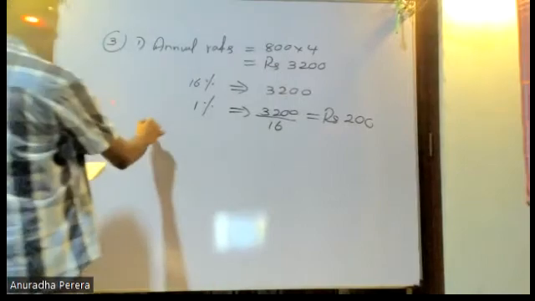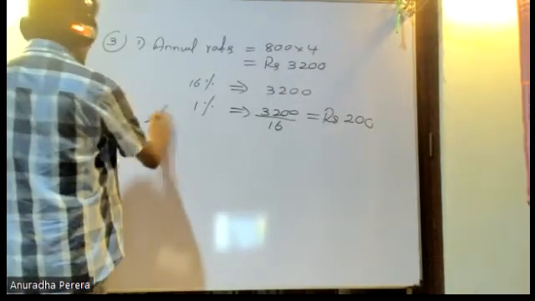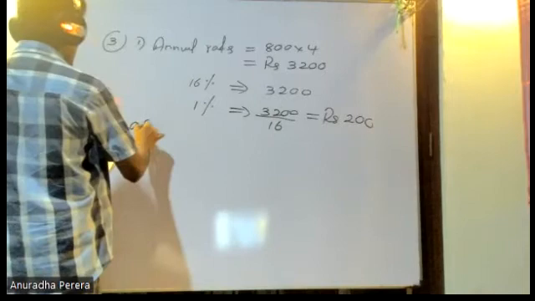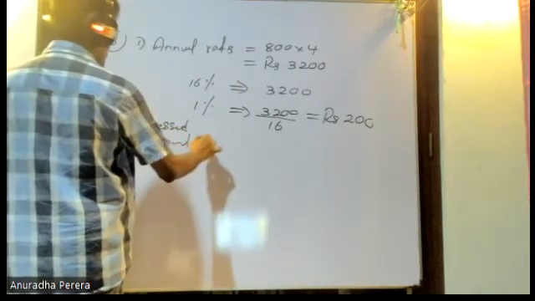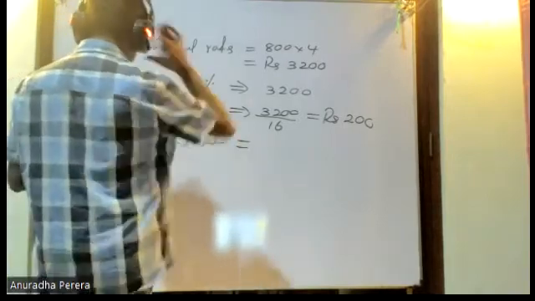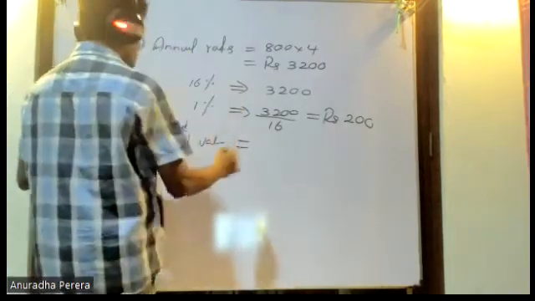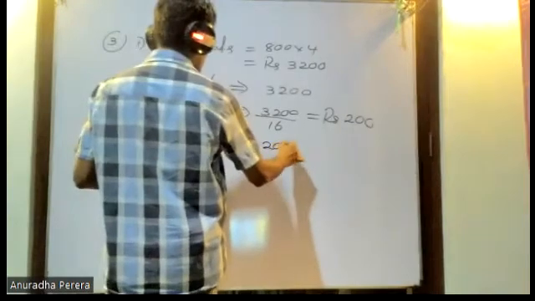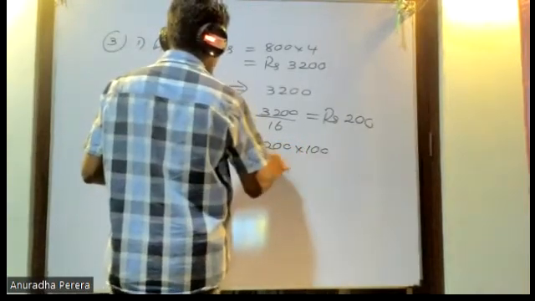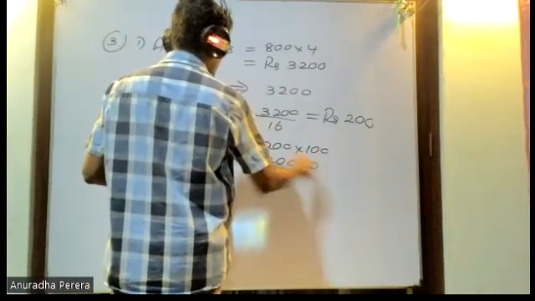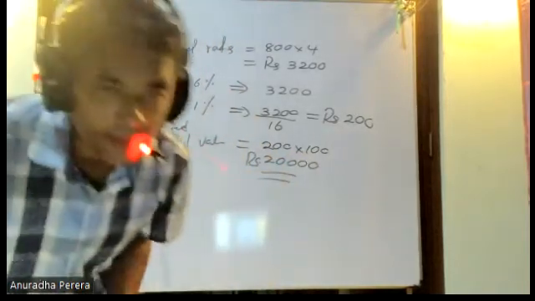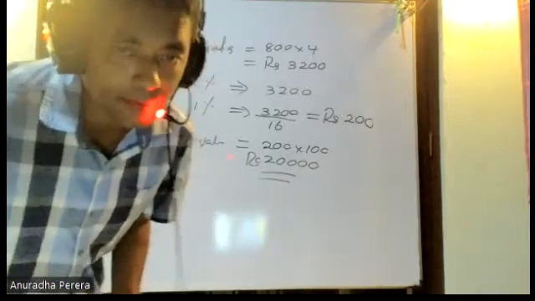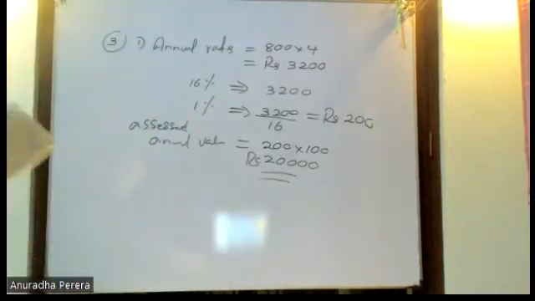Then we can determine the assessed annual value: 200 into 100 is 20,000 rupees. The answer is 20,000.